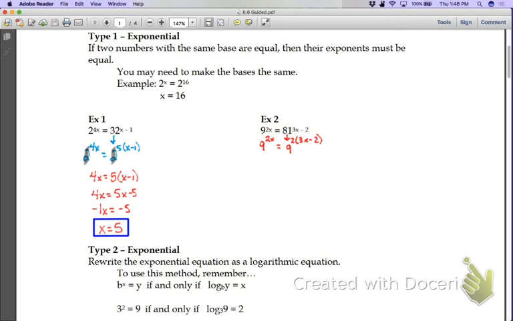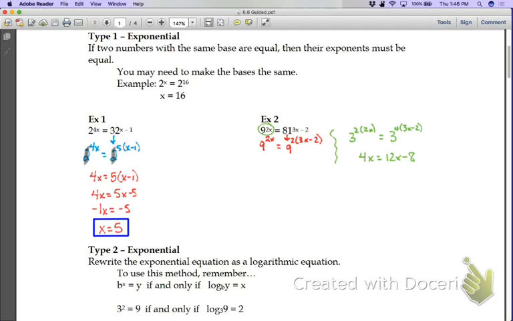Now, like I said, you could have done almost like a second problem and changed the 9 to 3 squared and multiplied it with 2x, and do the same thing with the 81 and have 3 to the 4th, and multiply that by 3x minus 2, and gotten 4x equal to 12x minus 8.